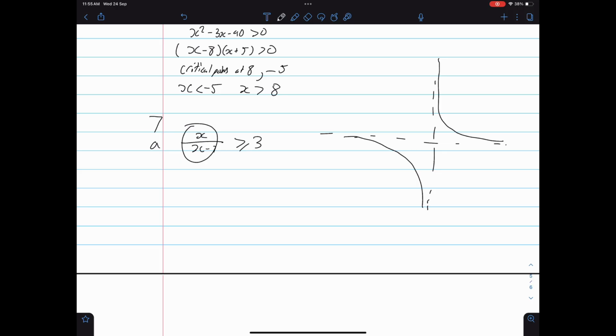We want to determine where the horizontal asymptote is, where the vertical asymptote is, and to get the other critical point where it will potentially equal 3. So say this equals 3, we want this part of the graph. But also we don't know if maybe part of that crosses over there. So we have to figure that one out. So we'll determine a few critical points.